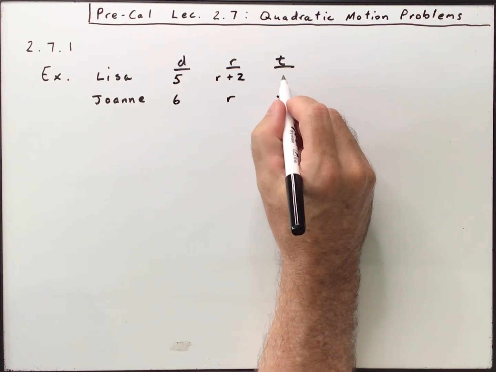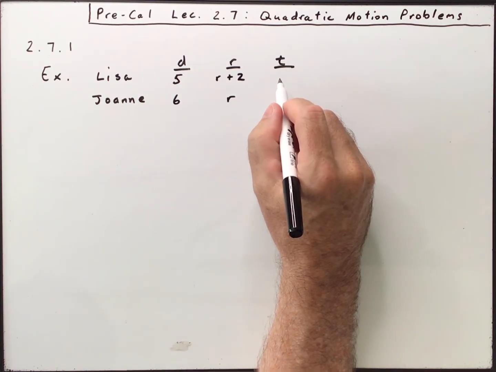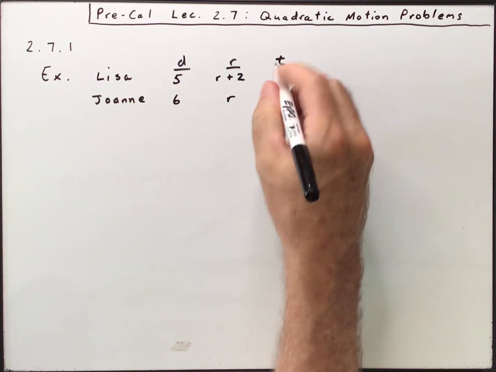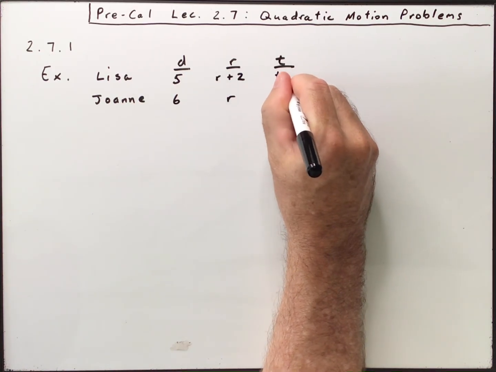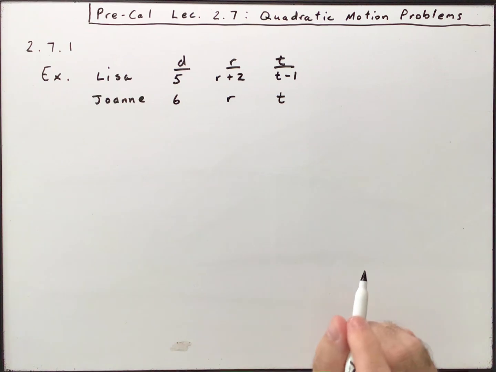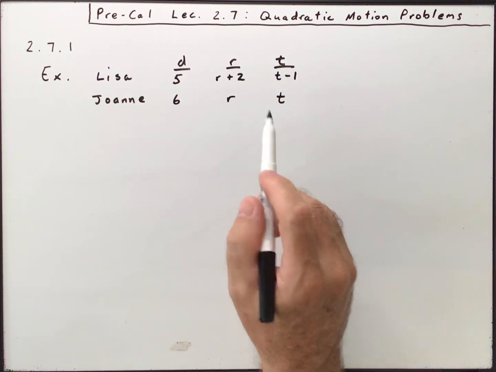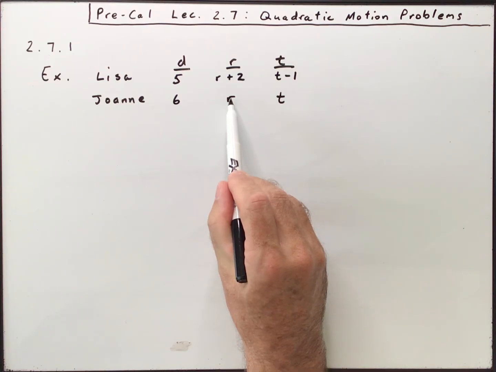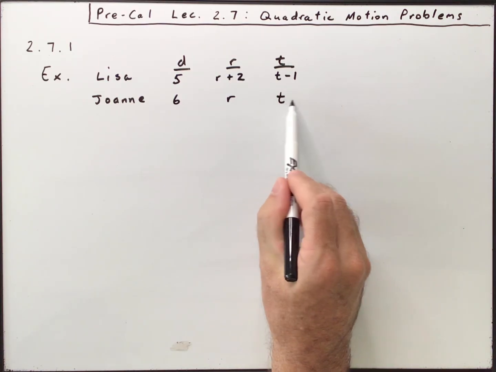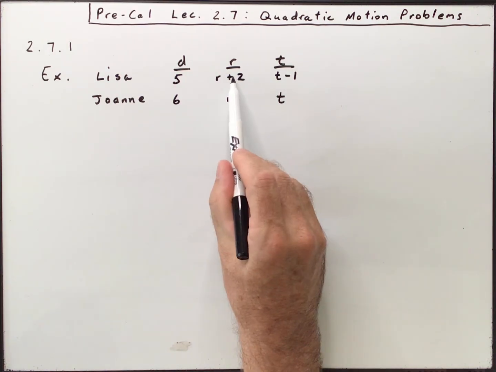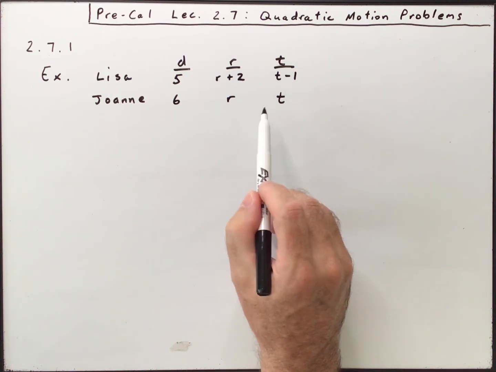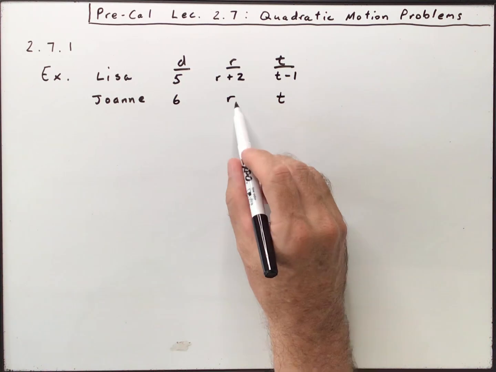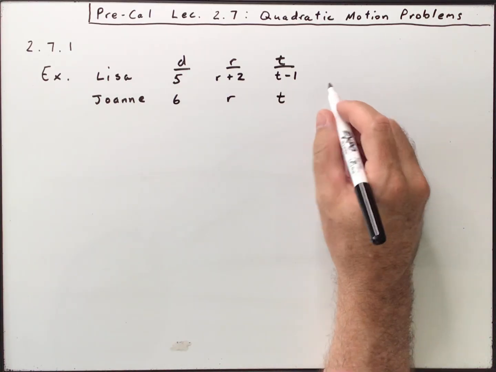And then Joanne's time is 1 hour longer than Lisa's, so Lisa's time would be t minus 1. You could do it a different way and make this r minus 2 and t plus 1 and give Lisa the rate times time, but then you're having to make an adjustment at the end. I like to set it up so that I'm making no adjustment at the end if possible.